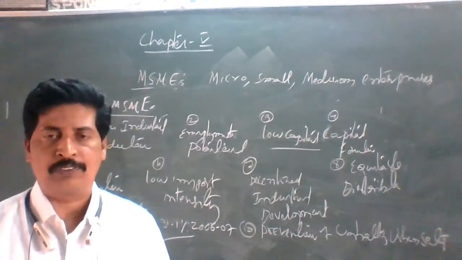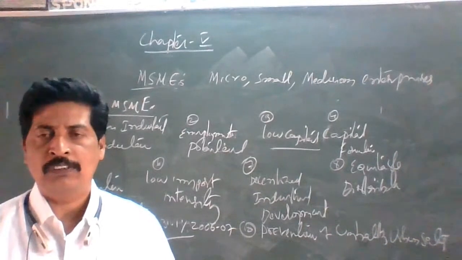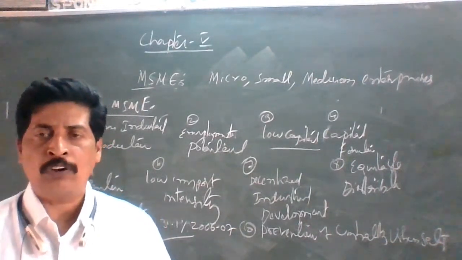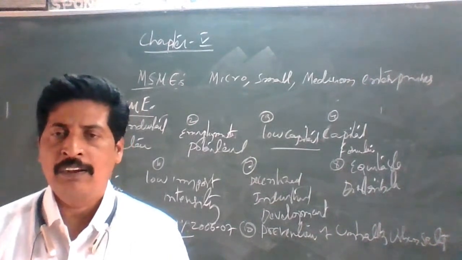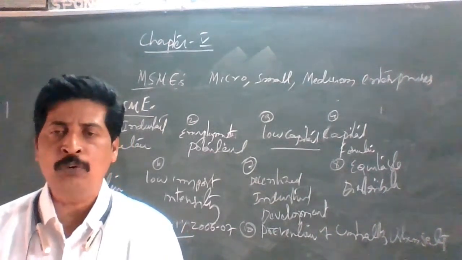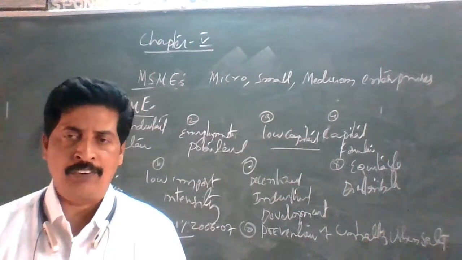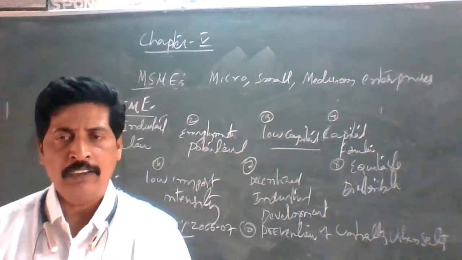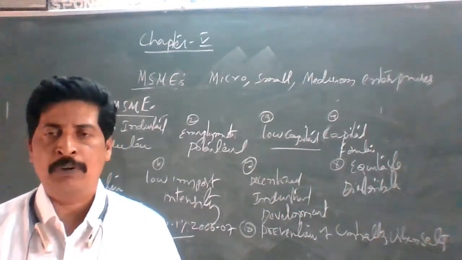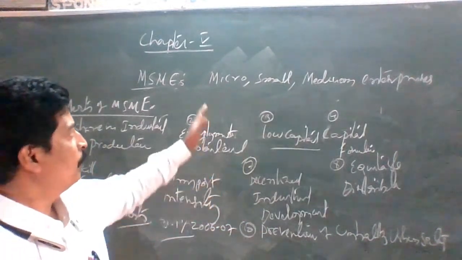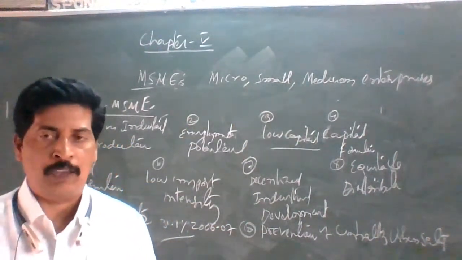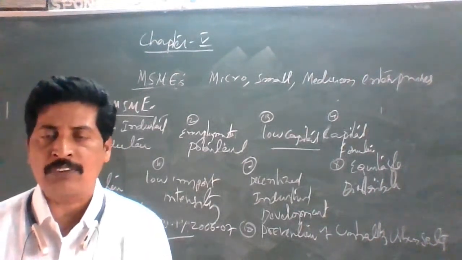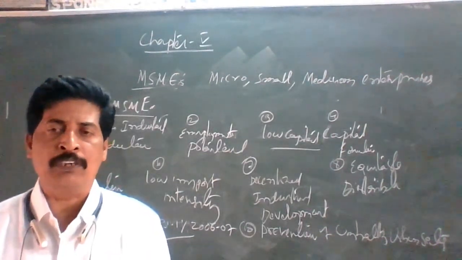Because if production takes place by machines, a lot of effluents or industrial wastage will be emitted into the environment and spoil the environment gradually. But all these MSMEs, micro, small and medium enterprises, are labor intensive. There is less chance to create environmental pollution.